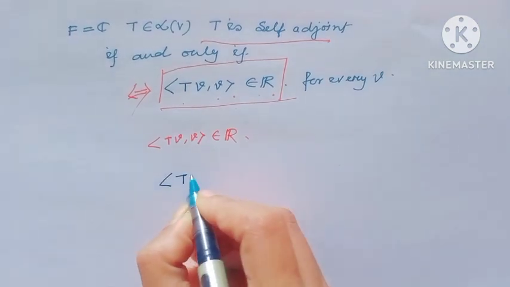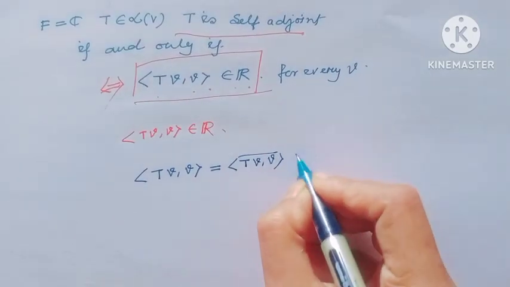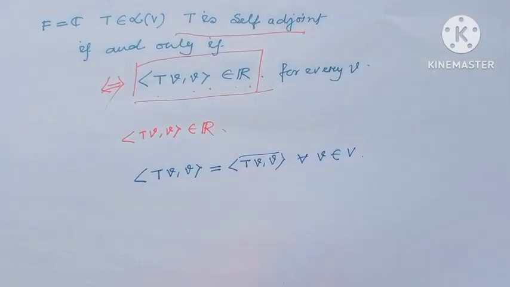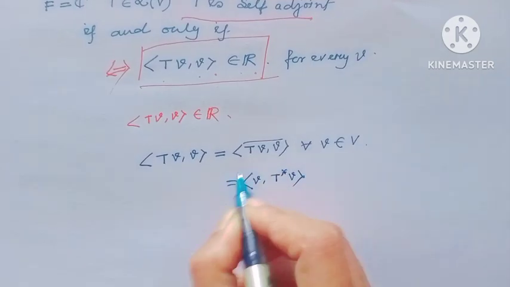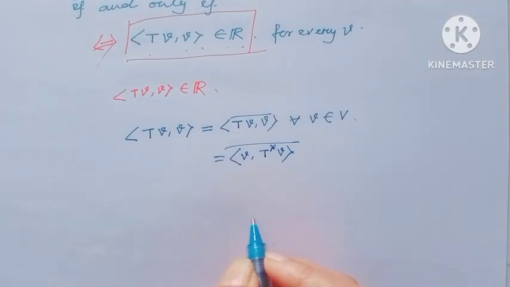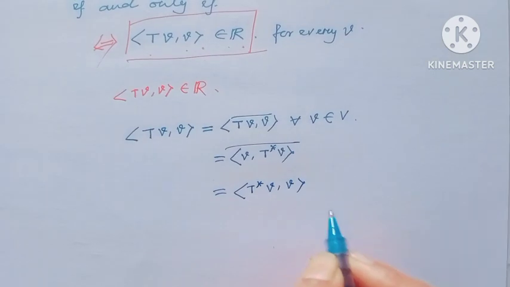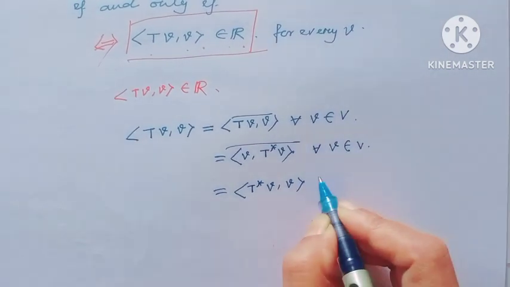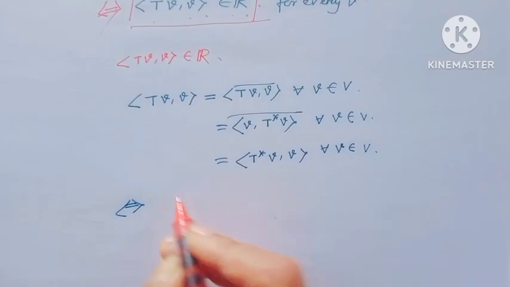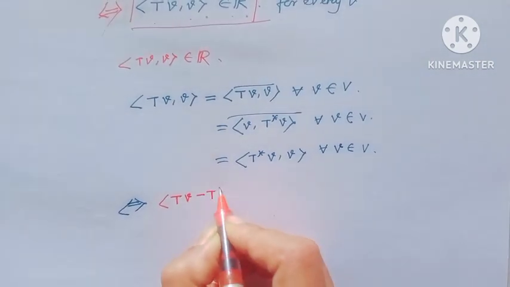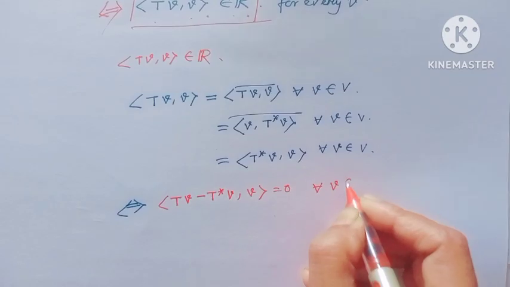That means the inner product of Tv with v equals its own conjugate, and this is true for all v, and that implies the inner product of v with T star v, and since this is the conjugate, that implies the inner product of T star v with v, and this is true for all v belonging to V. Then that implies the inner product of Tv minus T star v with v equals 0, and this is true for all v belonging to the vector space.